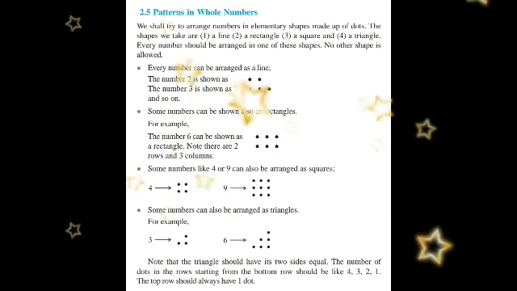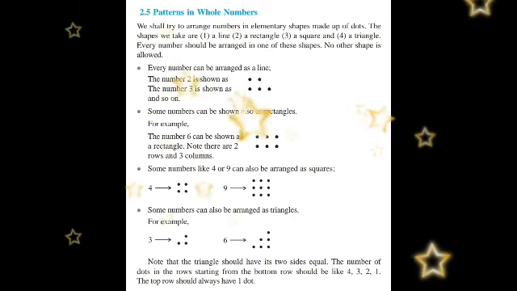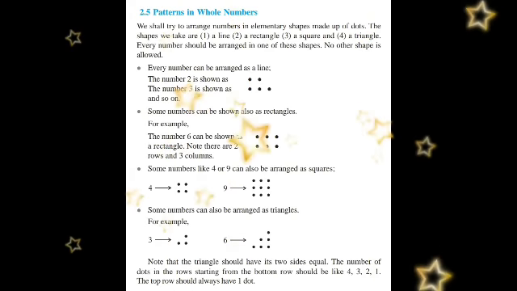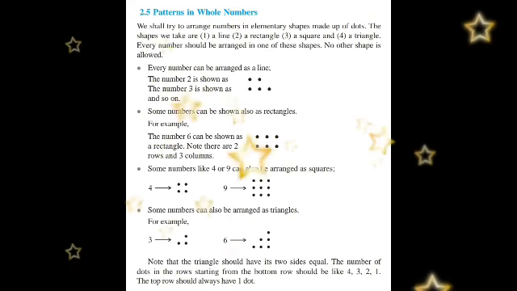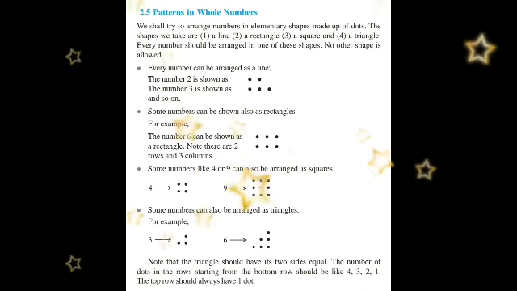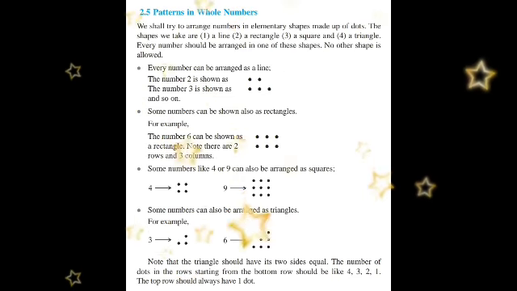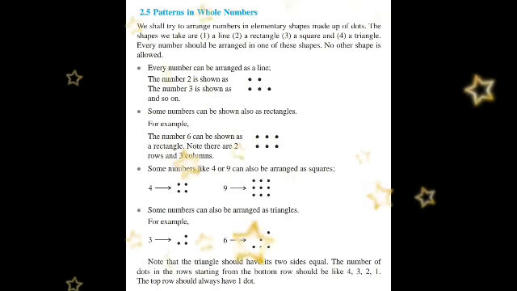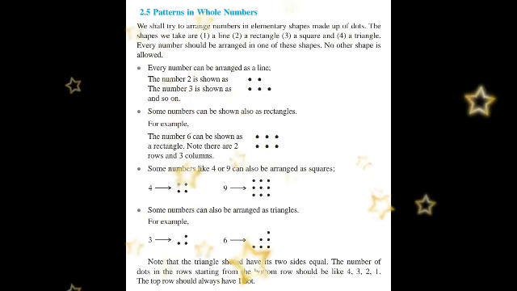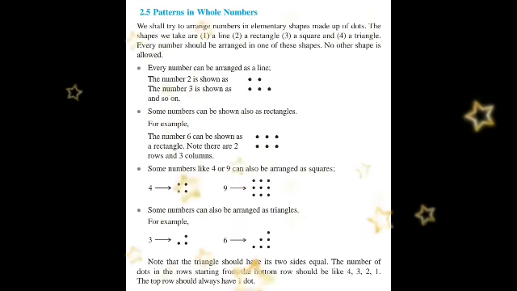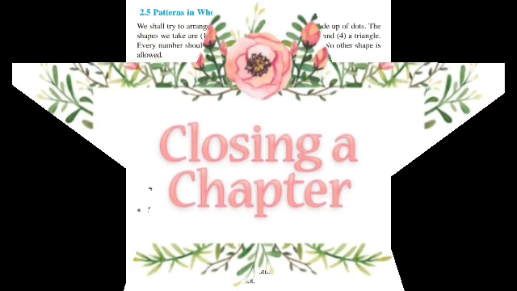For example, 3 we should write like this. Observe the screen children. Note that the triangle should have its two sides equal. The number of dots in the rows starting from the bottom row should be like 4, 3, 2, 1. The top row should also always have one dot.